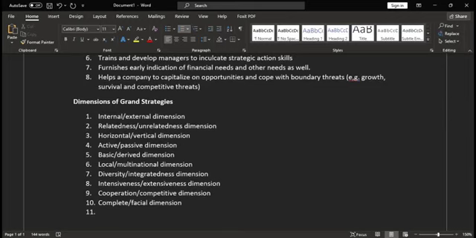You also have the current slash potential dimension. Let's explain them one after the other.